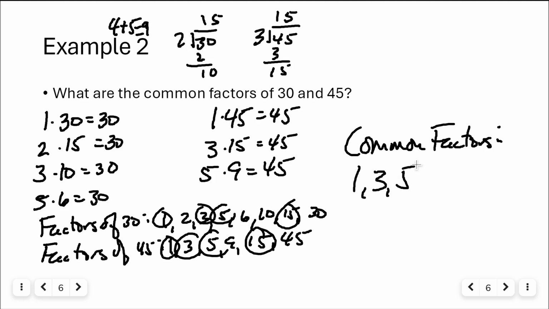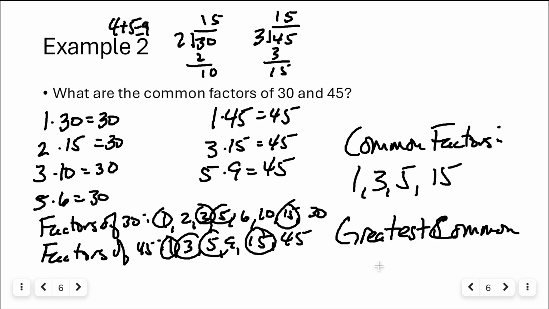These are the 4 common factors of 30 and 45. If I wanted to find the greatest common factor, the greatest common factor is 15. That's the largest common factor between the two numbers.